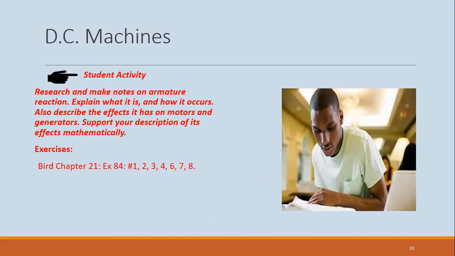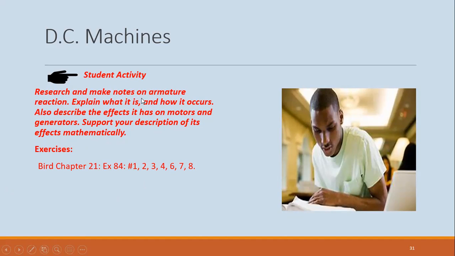It will affect some of the equations that we know for the machines. So that's what I mean by support your description of the effects mathematically. Some of the equations are going to be affected when you have armature reaction. So you just read up on that.